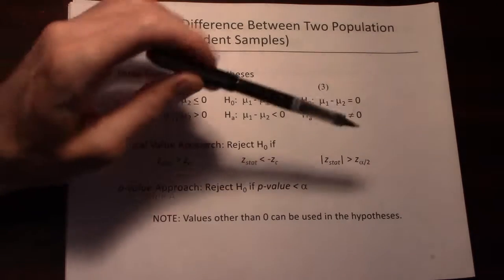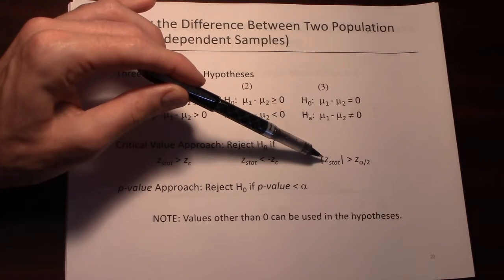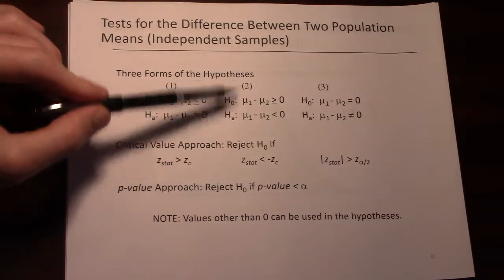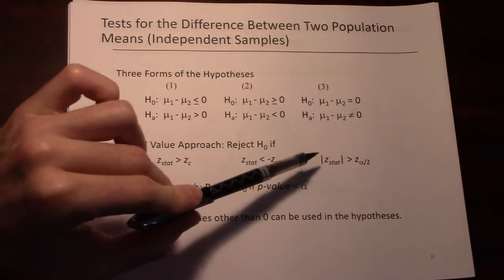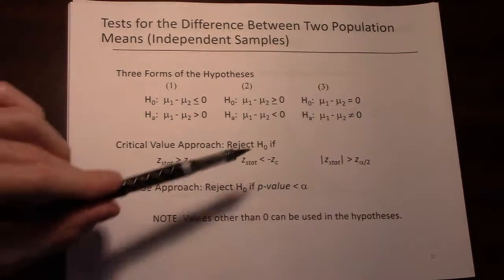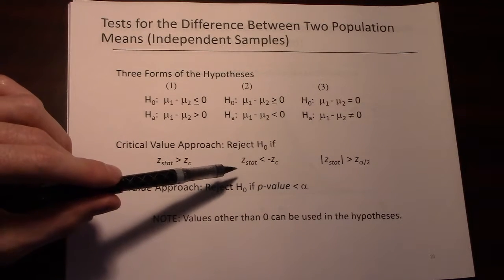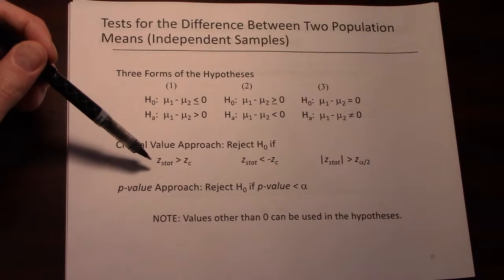Let me just repeat that. If it's a two-tailed test, we find the area under the curve and double it. If it's a one-tailed test, we find the area under the curve and we do not have to double it. Same rationale, same logic as before.